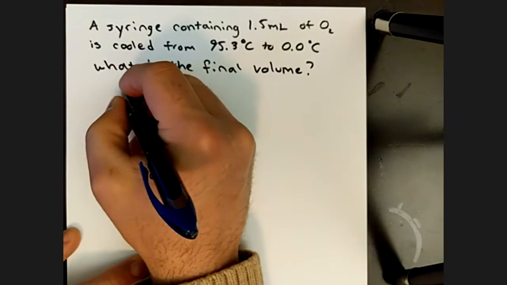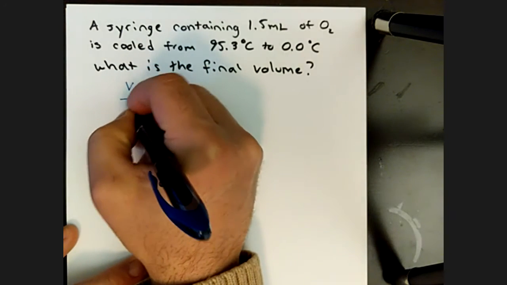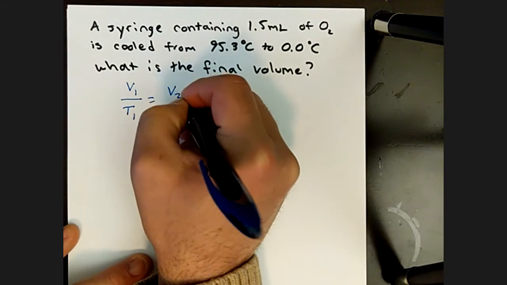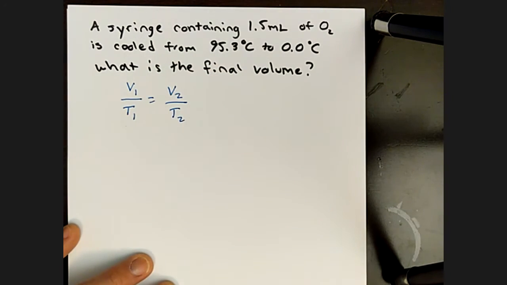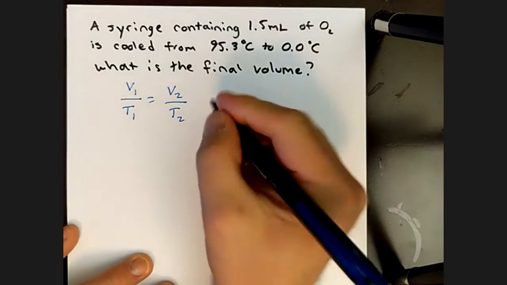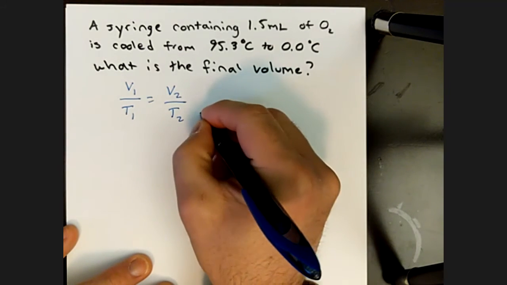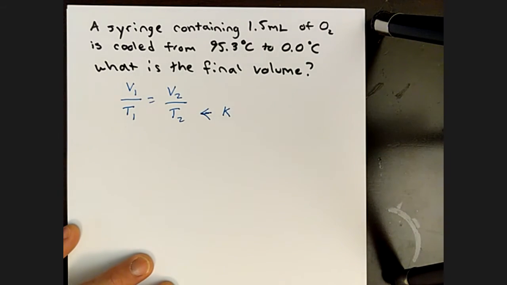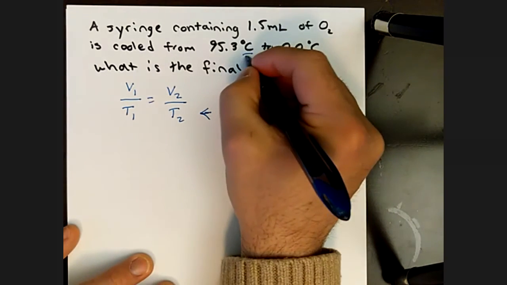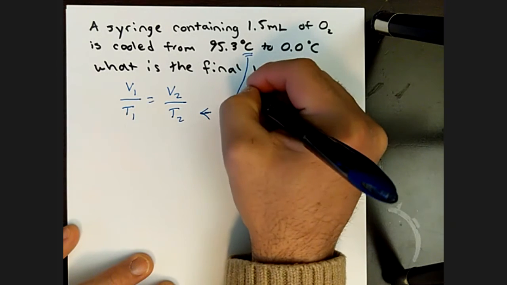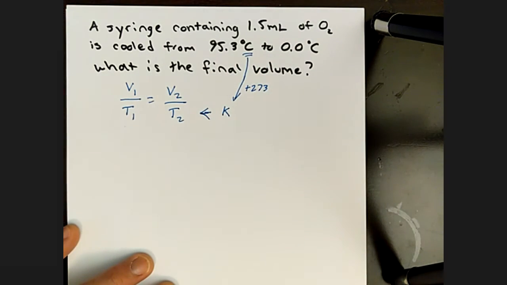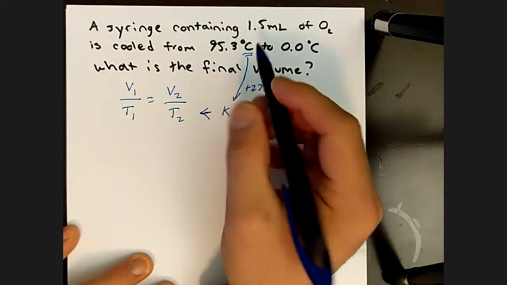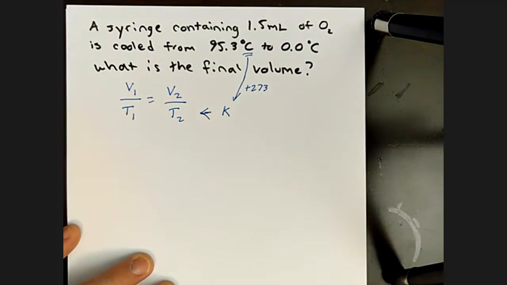And so in Charles' law, you have V1 over T1 equals V2 over T2. Now the consideration here for Charles' law was that the temperature has to be in units of Kelvin. So you have to convert these to Kelvin by adding 273. If you're tackling these kinds of problems, we should be able to look at them and know what to expect.